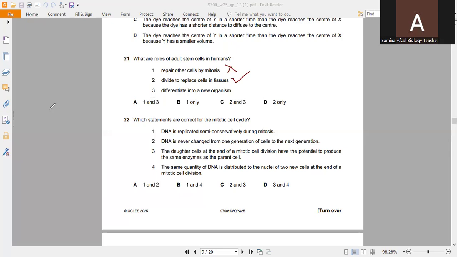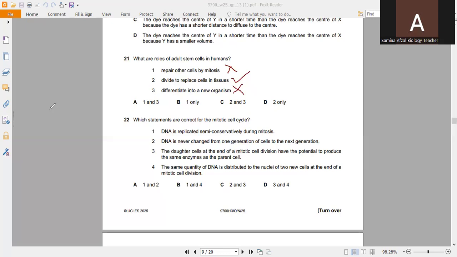They divide to produce new cells that differentiate and replace worn out or dead cells within a specific tissue: bone marrow making new blood cells, skin stem cells replenishing epidermal cells. Now the third statement, differentiate into new organisms, does not happen.